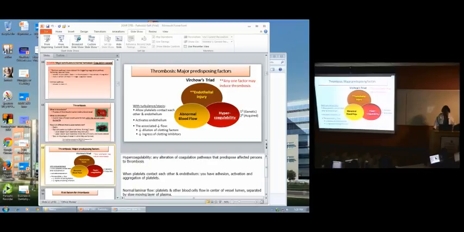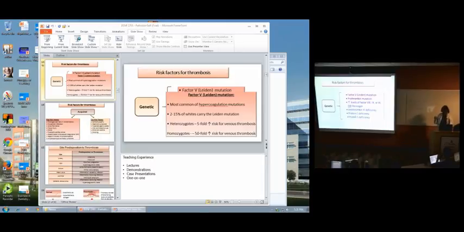Also, when you have reduced flow, you have reduced dilution of the clotting factors because you don't have fresh input, and you also have reduced ingress of clotting inhibitors. What you want is the inhibitors to stop the process, and you want to dilute the clotting factors so they clear out from there. But when you have stasis, that doesn't happen. And so all these things contribute to thrombosis.